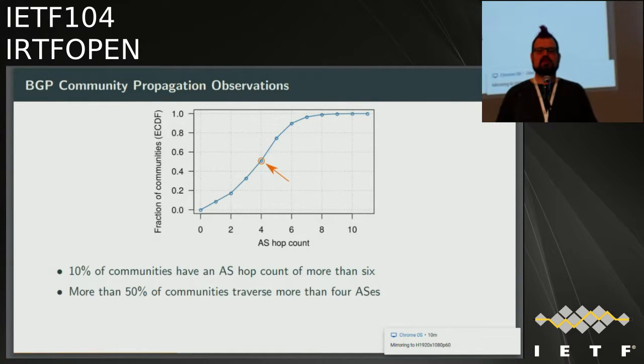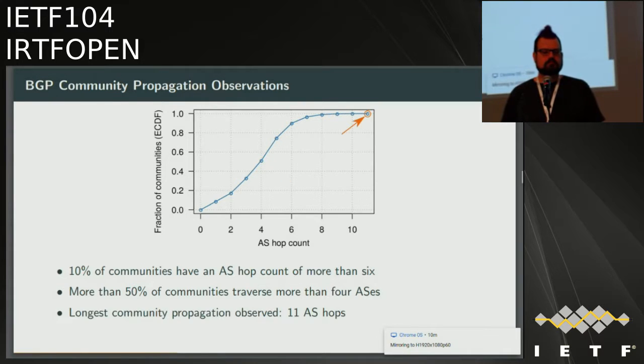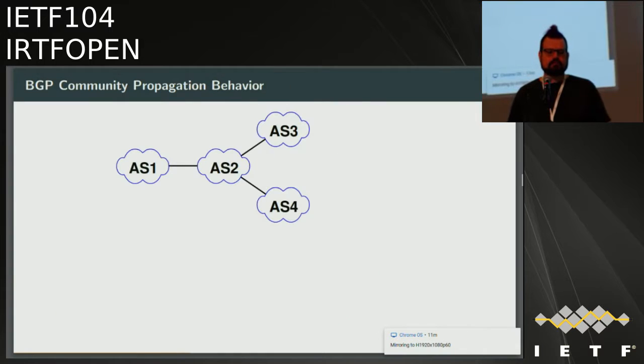And more than 50% of communities still traverse more than 4 ASs. If you compare this with the mean length of AS path that we have observed, which is around 4.5 or 4.7, this means it travels almost through the whole internet. And the longest community propagation we have observed was 11 AS hops. So they do propagate through the internet.